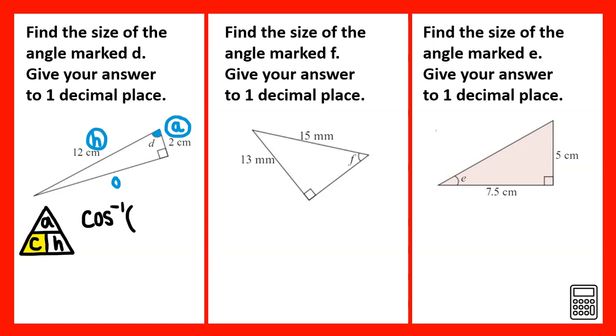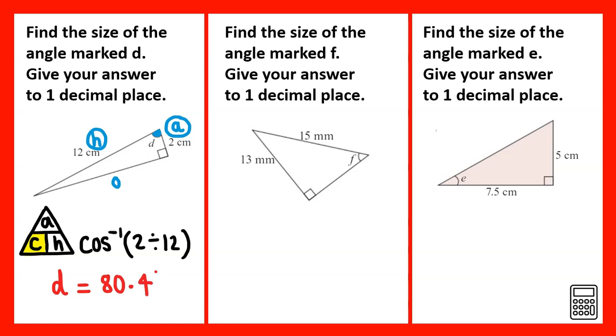And inside the bracket, we need to do the adjacent side divided by the hypotenuse. In the same way that a fraction works, if you have a at the top of the fraction, you'll be doing a divided by h. So inverse cos of the adjacent, which is 2, divided by the hypotenuse, which is 12, meaning D is 80.4059, which will round to 80.4 degrees to 1 decimal place.